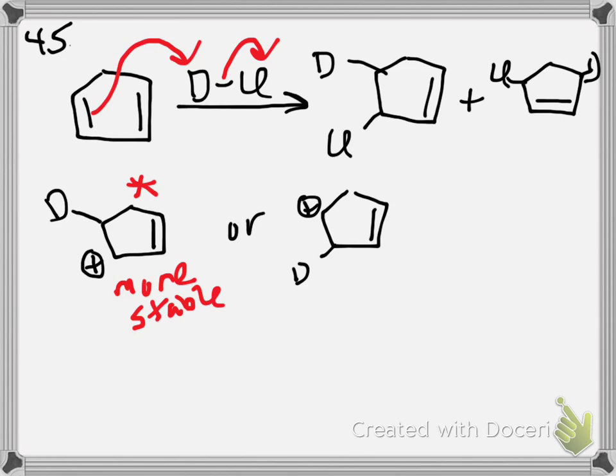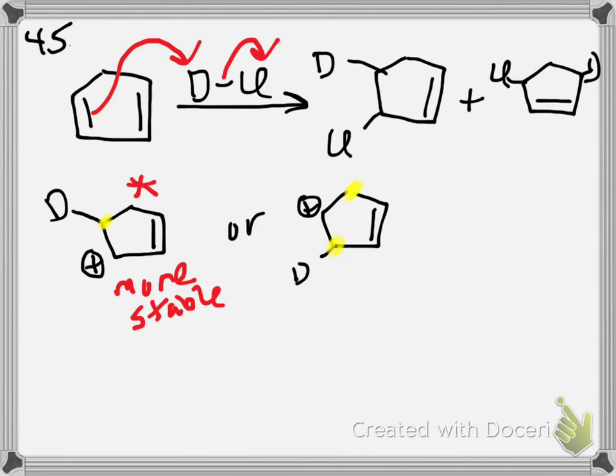If you consider hyperconjugation, this has one sp3 hybridized carbon directly bonded to the carbocation. This other possible intermediate has two sp3 hybridized carbons bonded to the carbocation.